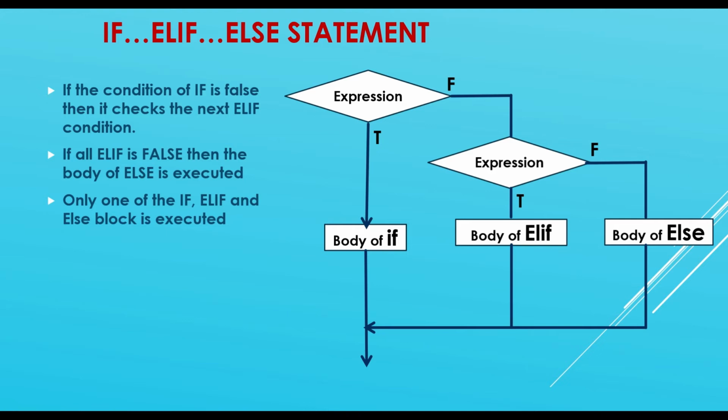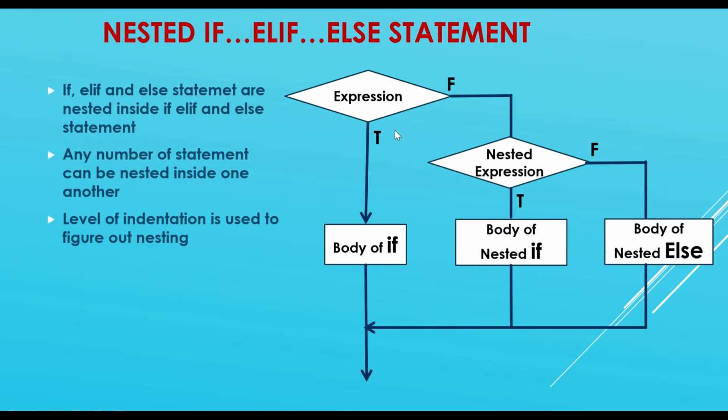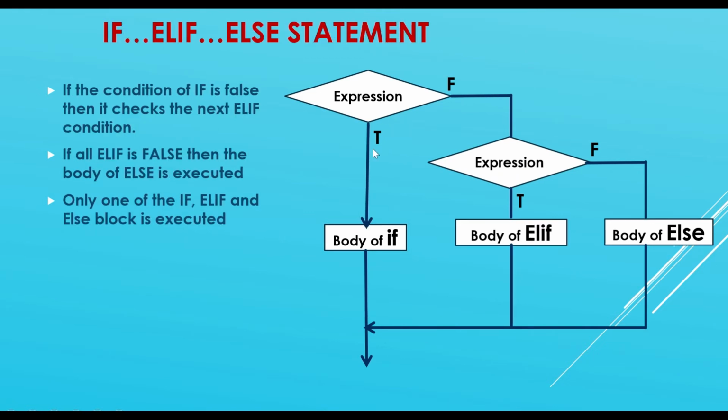If the expression is true, then the body of the if, which will be indented, will be executed. If it is false, then it will go to the elif condition, and if the elif is true, it will execute the body of the elif statement. If it is false, then it will execute the body of the else statement.